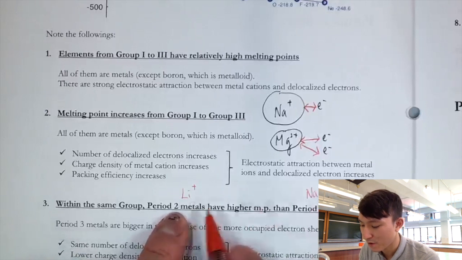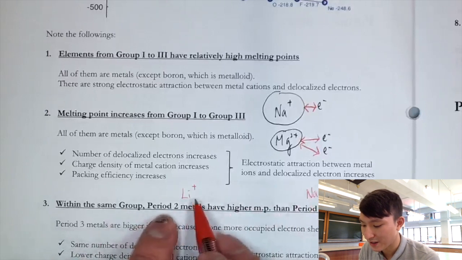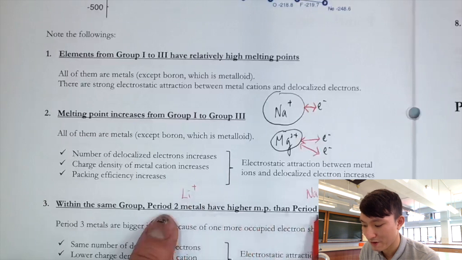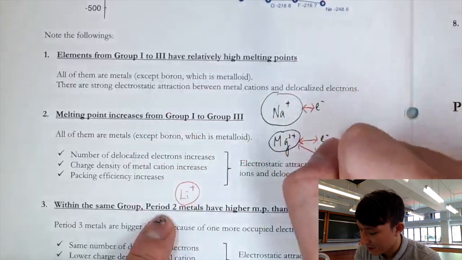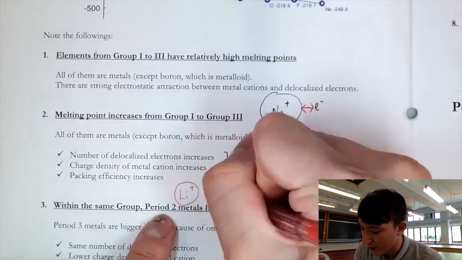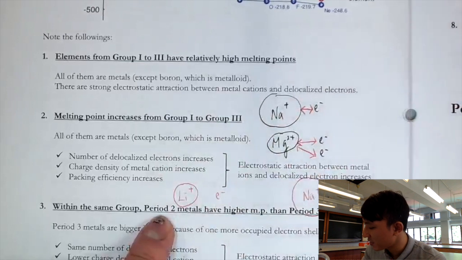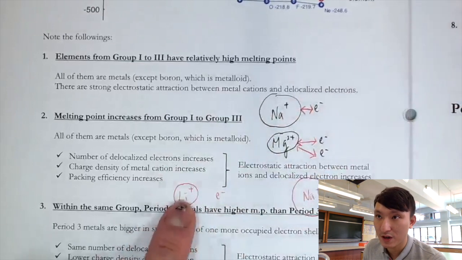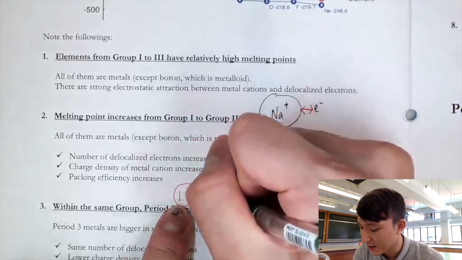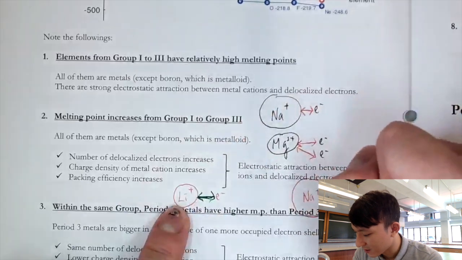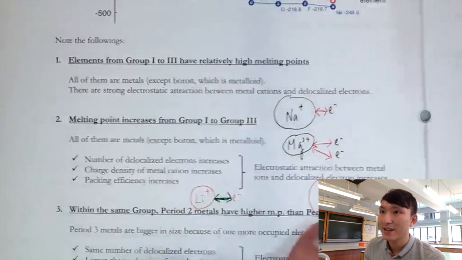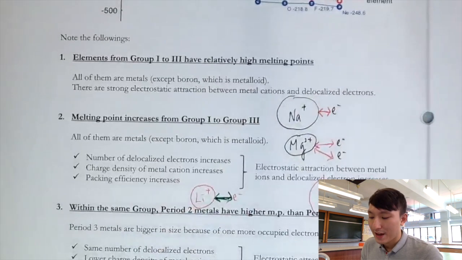Both of them are group 1, and lithium is period 2, with a higher melting point than period 3. The reason is simple, because lithium is smaller and sodium is bigger, right? Both of them produce 1 delocalized electron, but because of the smaller size, lithium has a higher charge density, and therefore they are attracted by a stronger force. This is a weaker force. So this is the reason why.